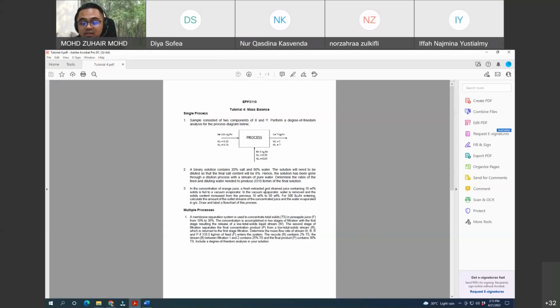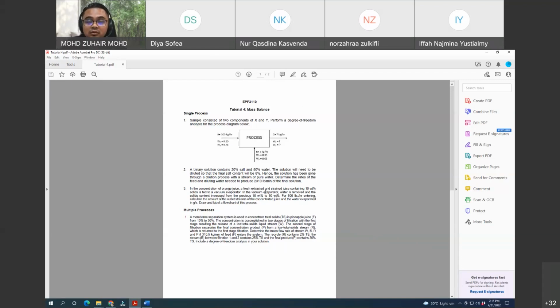And this mass balance is very important for you to understand because during your third year and final year, there will be one big project we call the plant design project in which you need to design your own plant. It depends, because every year we change the project.